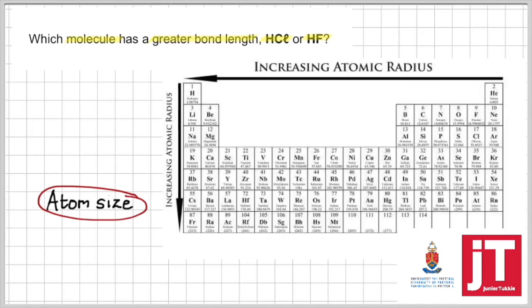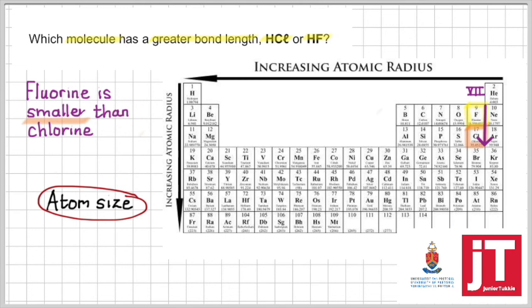I would like to remind you of the trends that we find in the periodic table. We say that as we go from top to bottom in a group, the atom size increases. Fluorine and chlorine are in the same group, with chlorine being below fluorine. This means that fluorine is a smaller atom than chlorine.